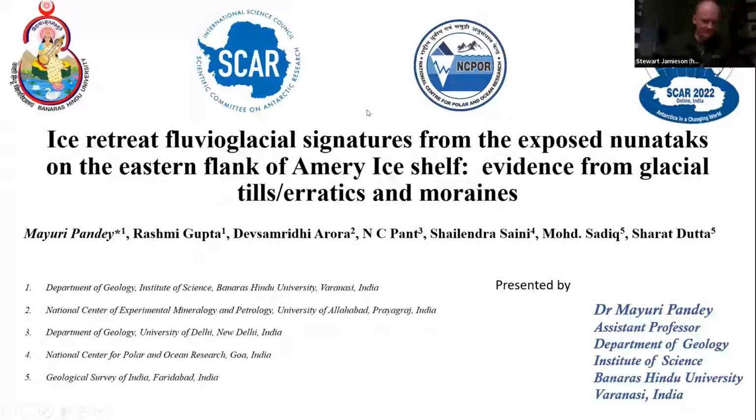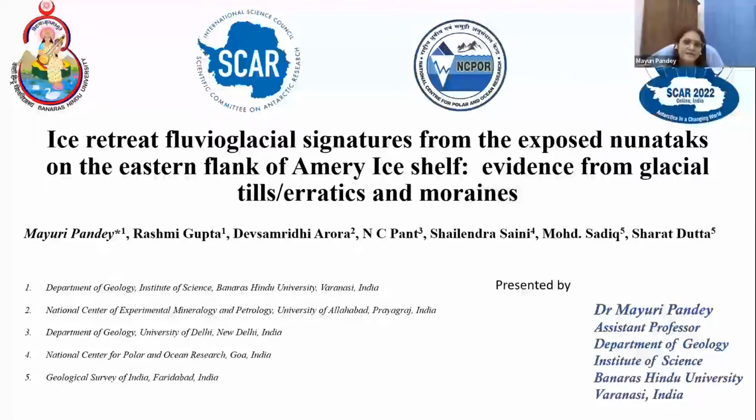Okay. So I will be talking about the fluvio-glacial signatures which we found during the field work in the East Antarctic terrain. This talk is basically based on the evidence from the sedimentological signatures through the erratics and the moraines which are present in that area.